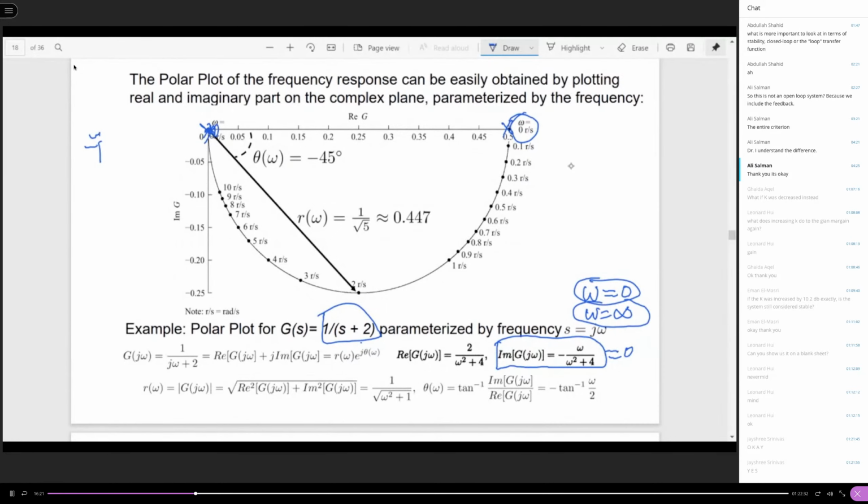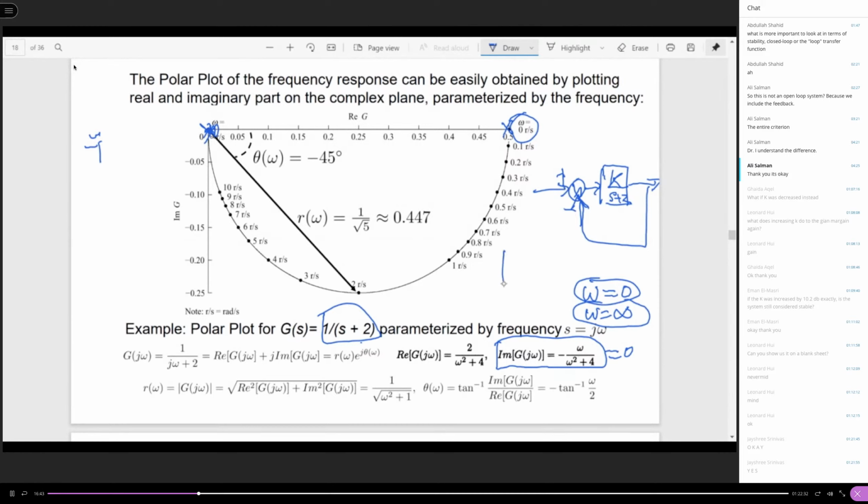In other words, if you use this transfer function to construct a feedback system like this, with s plus 2 and you put a k here, you can test it.